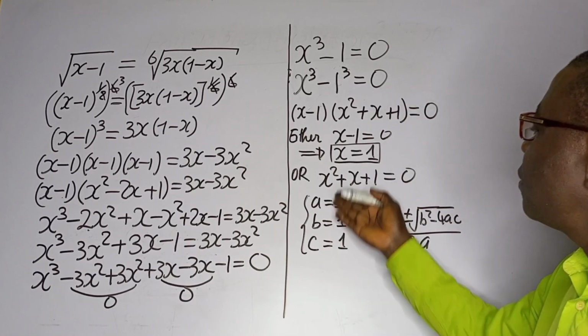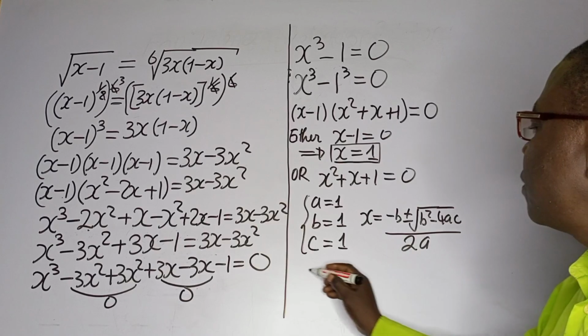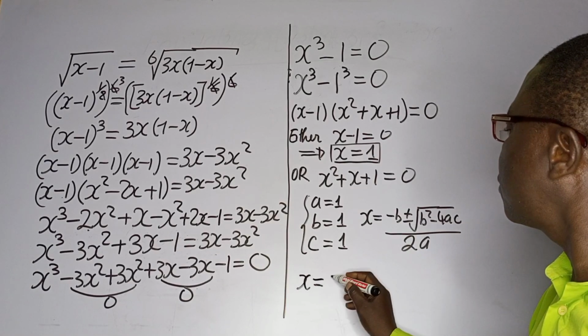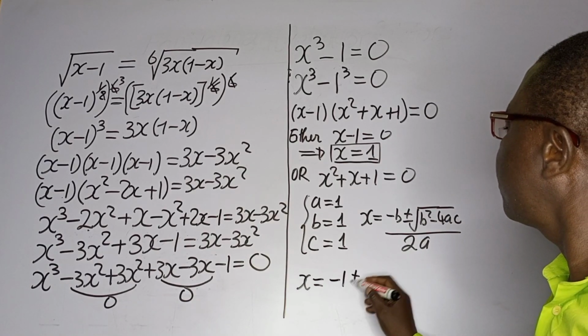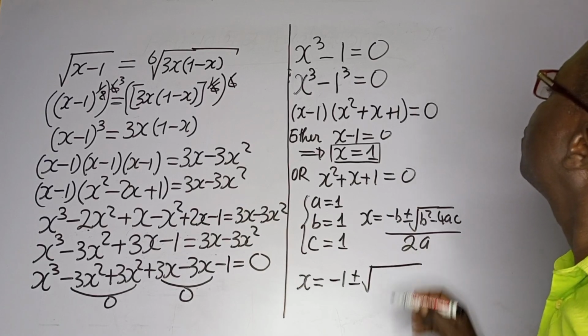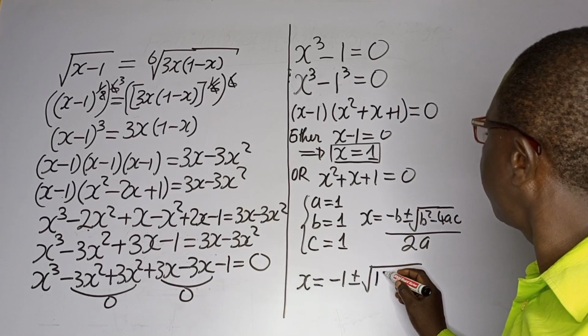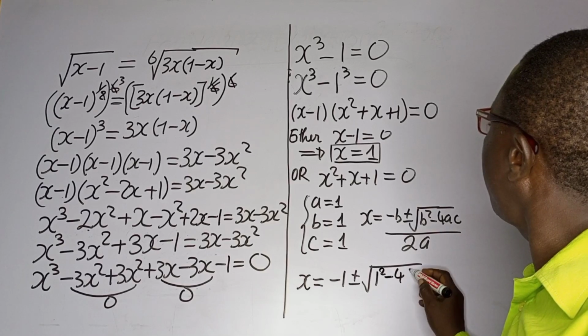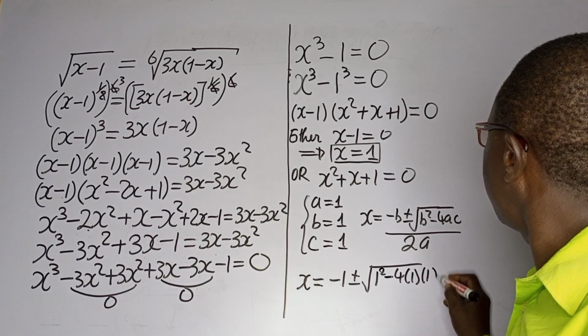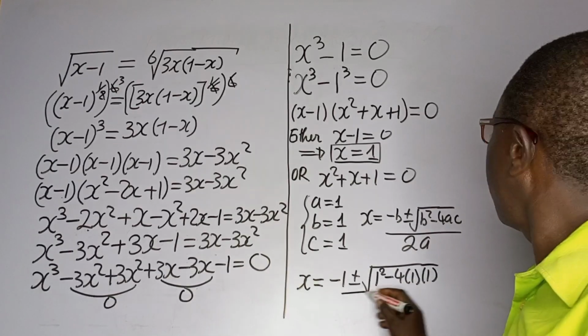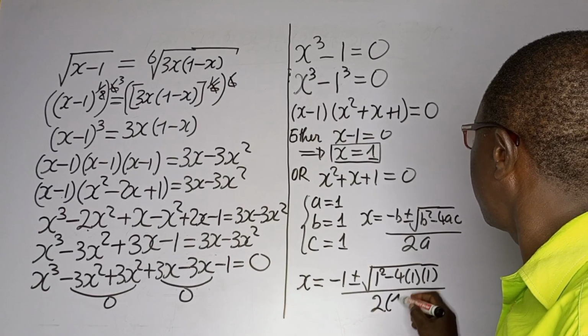Putting these values of a, b, c carefully, we're going to obtain x is equal to minus 1 plus minus the root of 1 squared minus 4 into 1 into 1 all over 2 into 1.